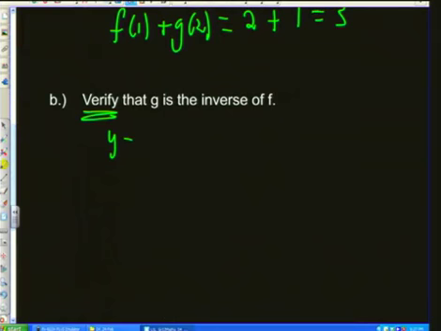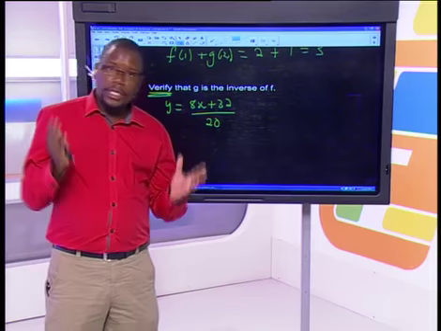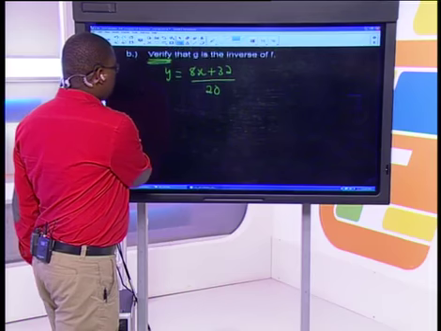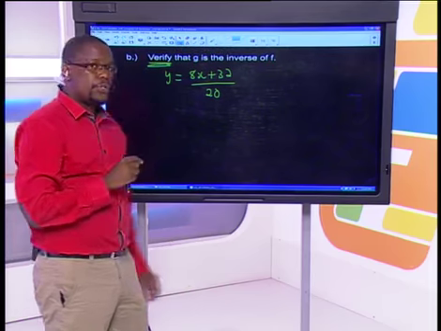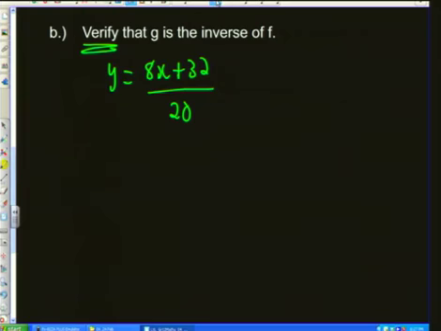So y equals 8x plus 32 divided by 20. Now, in order for us to work out the inverse, we keep on saying interchange your x and y and simplify, make y the subject, okay? So I've got y equals 8x plus 32 divided by 20. So now work it out quickly.